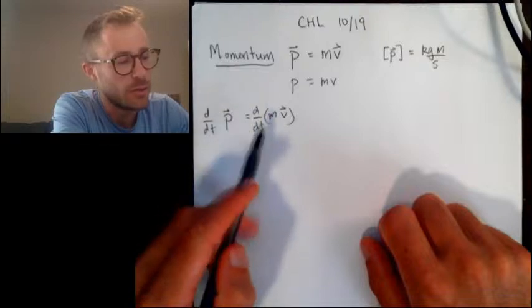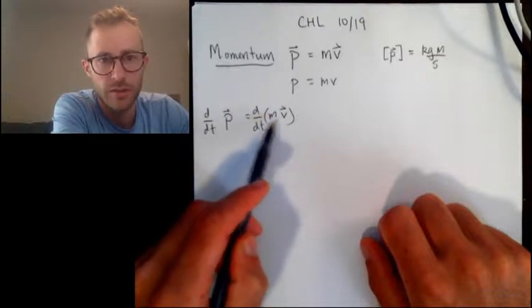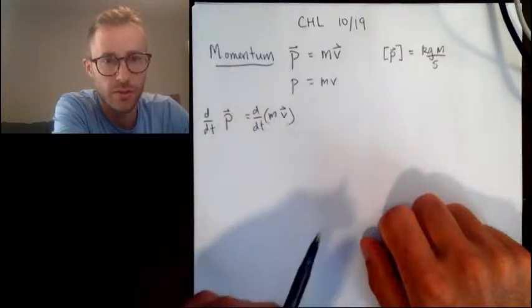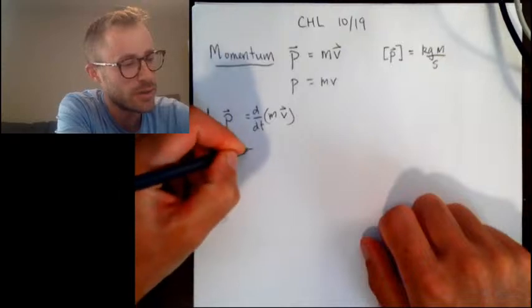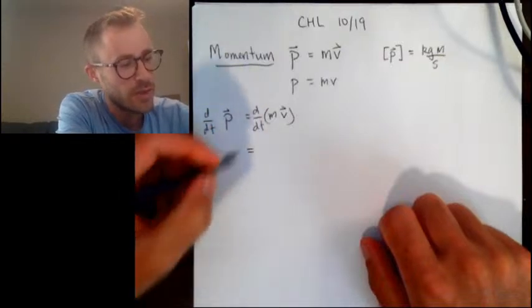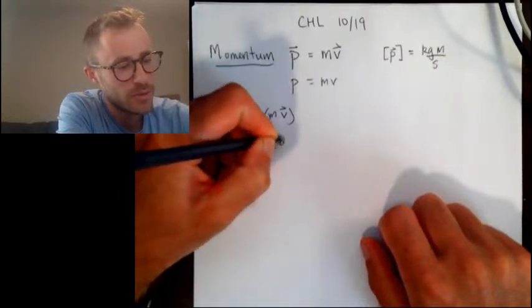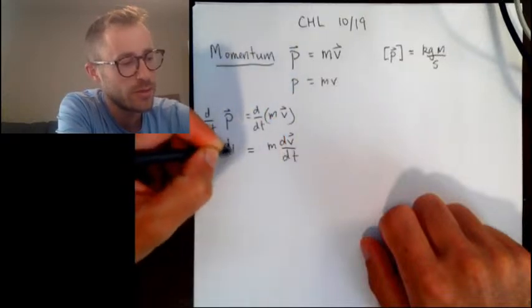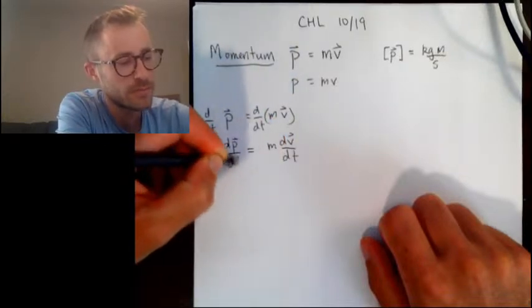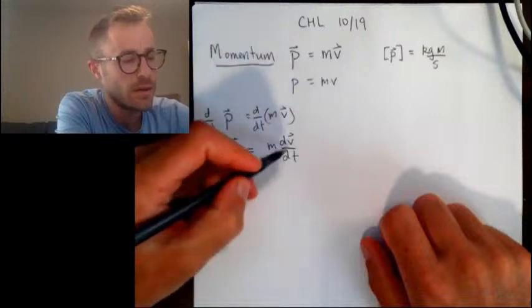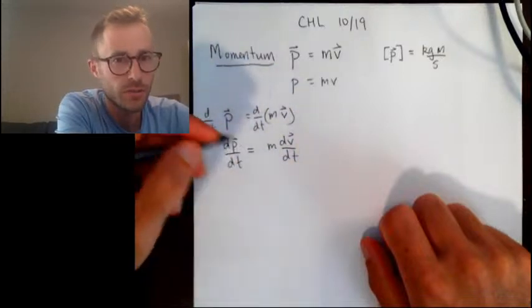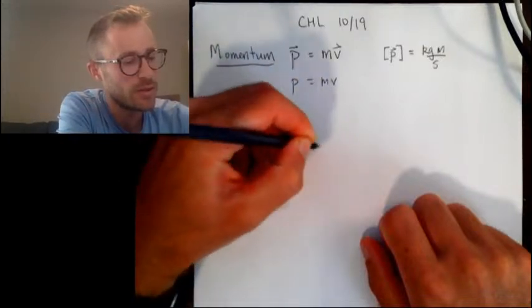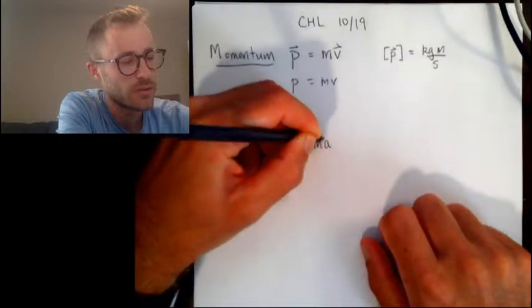So when we take the derivative, we don't need to take the derivative of the mass. We only take the derivative of the velocity. So we have m times dv/dt equals dp/dt. And the derivative of the velocity with respect to time is the acceleration.